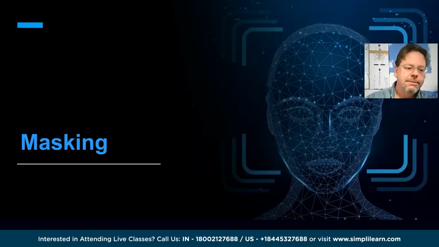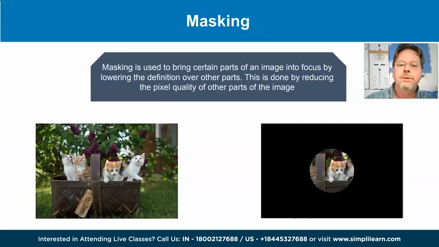In masking, masking is used to bring certain parts of an image into focus by lowering the definition over other parts. This is done by reducing the pixel quality of other parts of the image. Kind of a little short on the masking of what it is. So in this case, the masking would either be the background might be all ones, and the cat in the fence might be zeros, or vice versa.